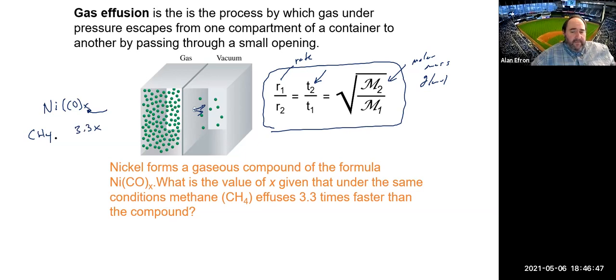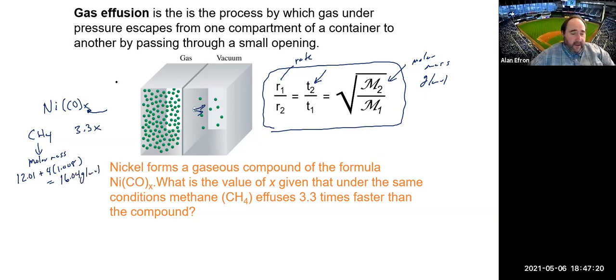So we could get the molar mass of CH4, which would be 12.01 for the carbon plus 4 times 1.008 for the hydrogen. That gives us a molar mass of 16.04 grams per mole.